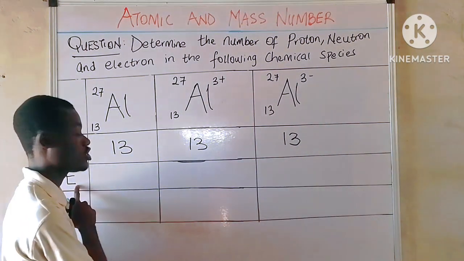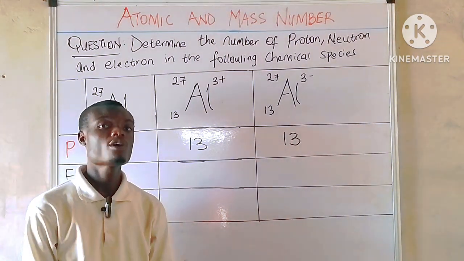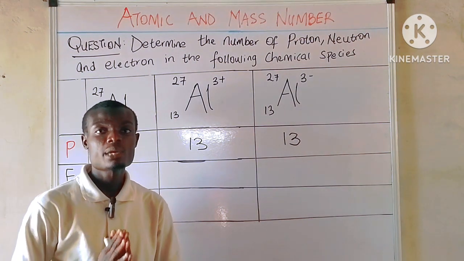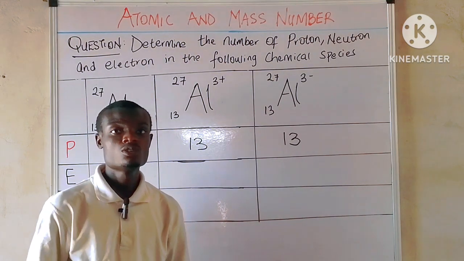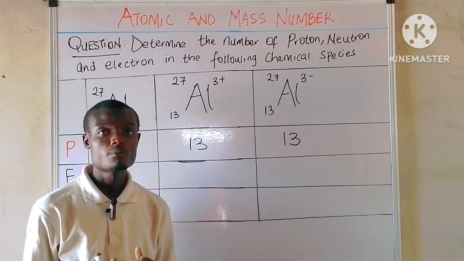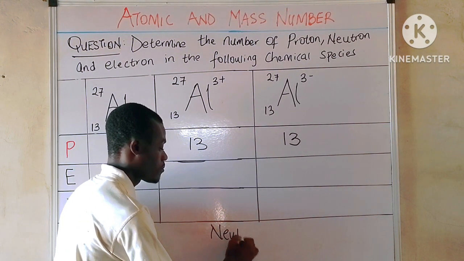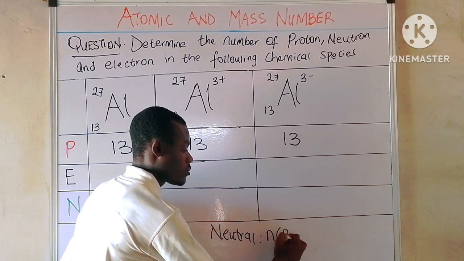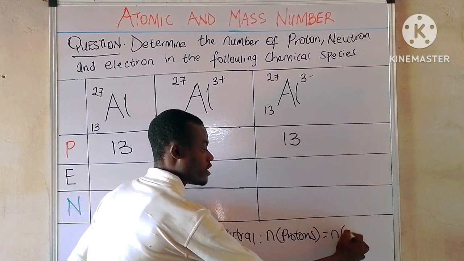Now we have to find the number of electrons for these various chemical species. But before we do that, you must understand that in chemistry there are chemical species called atoms and there are chemical species called ions. So what's an atom? An atom is a neutral chemical species because the number of protons is equal to the number of electrons.